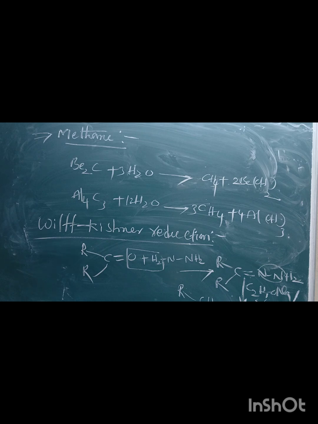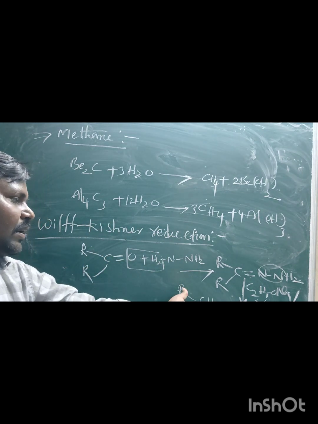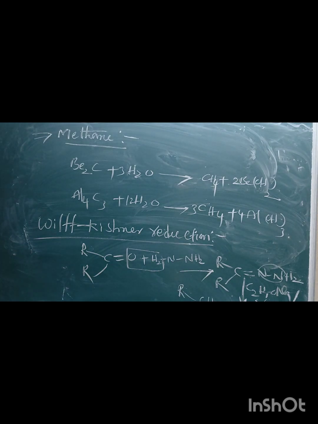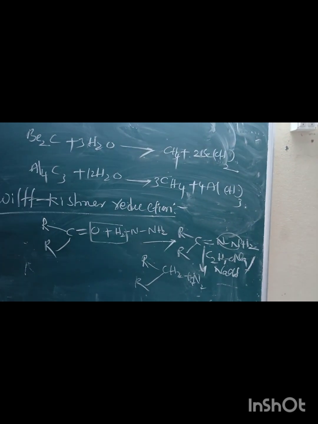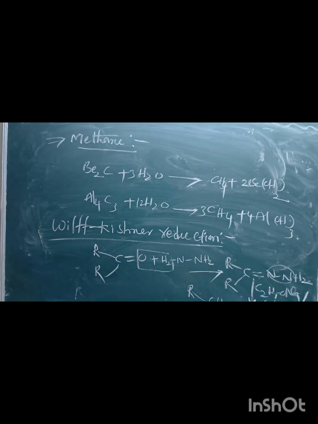That is called the Wolff-Kishner reaction. Either aldehydes or ketones can be converted into methylene groups using strong bases like sodium ethoxide or sodium hydroxide. Then the reduction is called the Wolff-Kishner reduction. Okay, these are the preparation methods of alkane. Thank you.